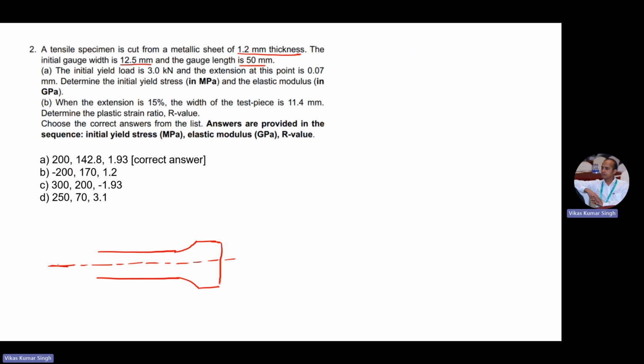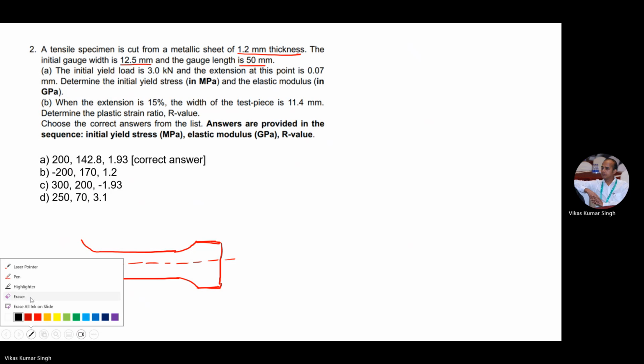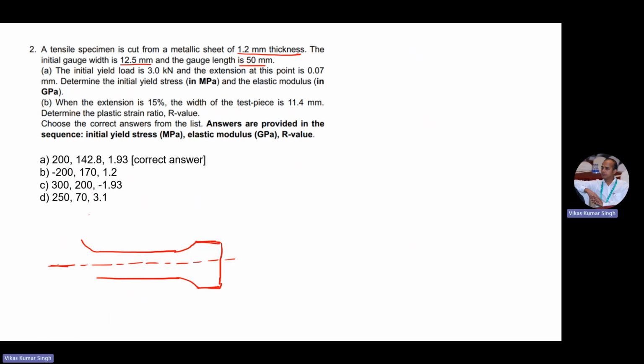And this is the portion where we put the specimen in the crosshead. I will explain one by one what the crosshead is, what this arc is, and all.